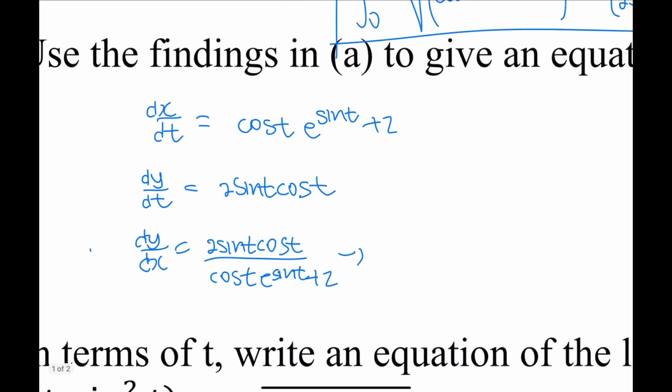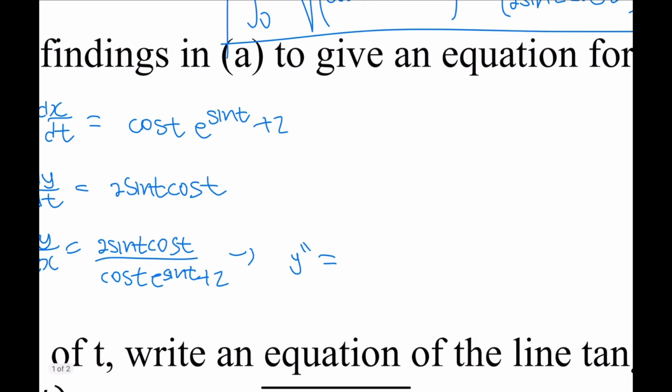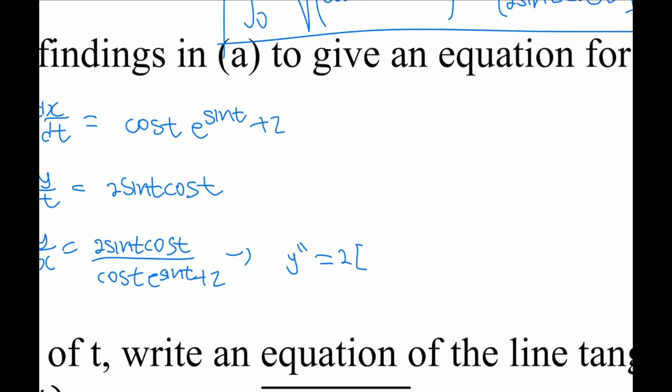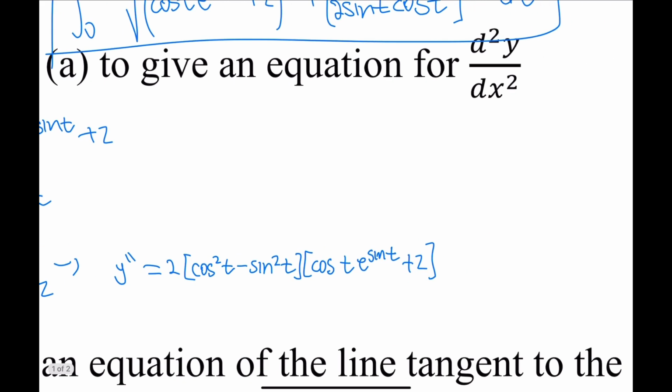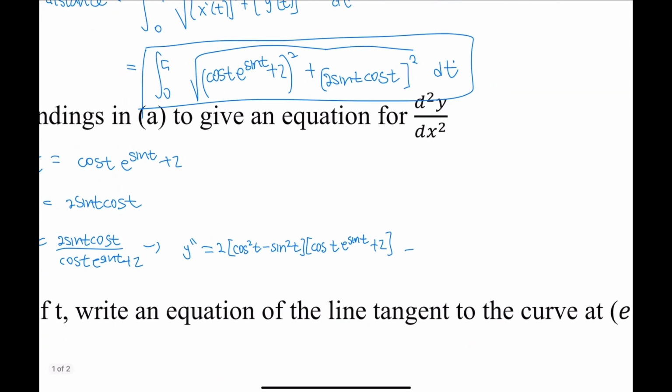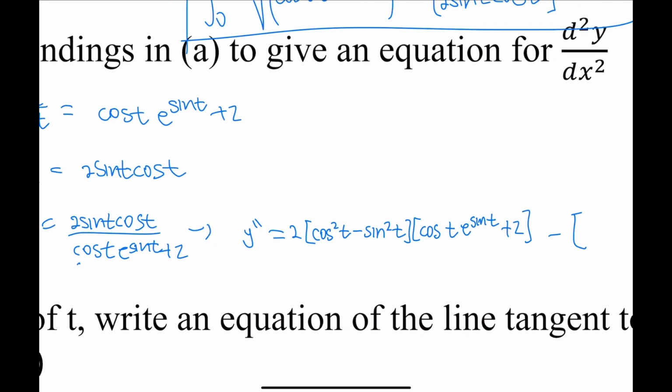So this is y prime, and then y double prime equals 2 times cosine squared t plus, actually negative, sine squared t, right? And then times cosine t e to the sine t plus 2, and then minus, right? We're using the quotient rule. Inside the bracket, we're going to first take the derivative of the denominator.